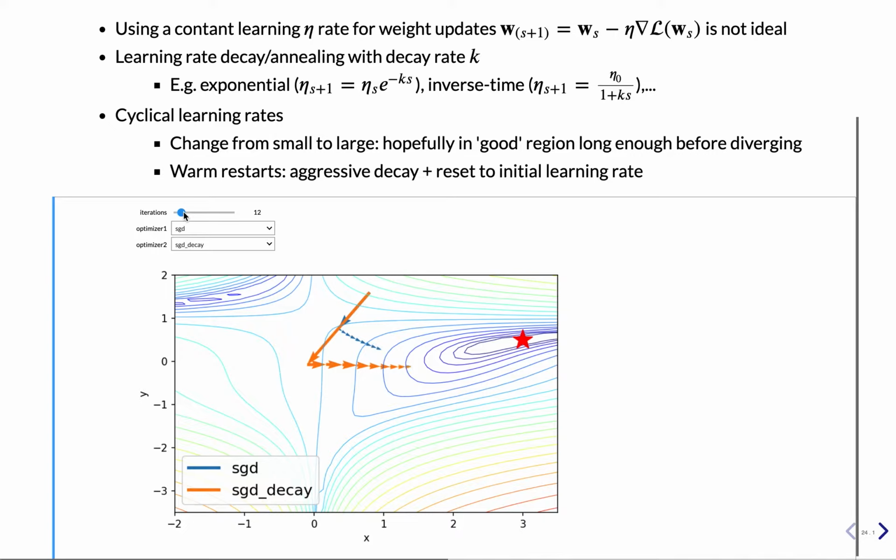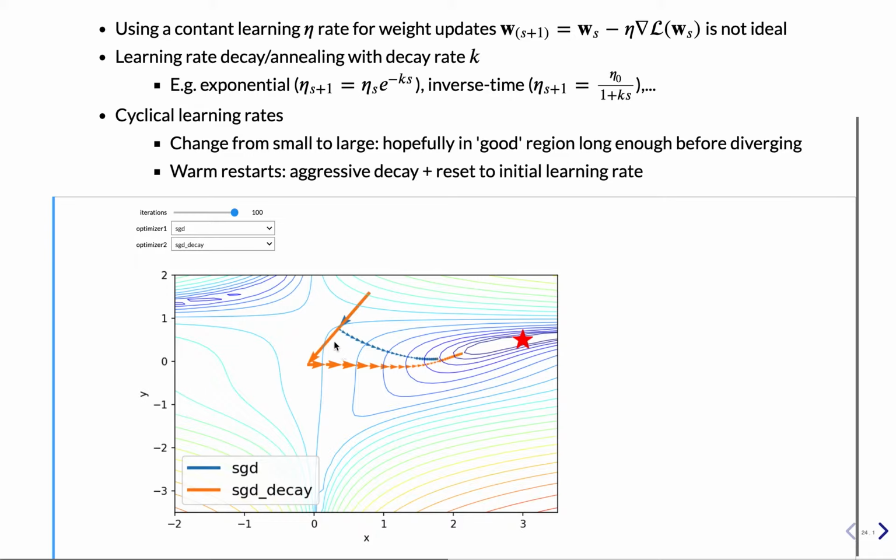And we see that both algorithms do work towards the optimum, but the decay one goes there a little bit faster than the other one. In fact, normal SGD starts really slowing down here, while with decay you get a little bit closer to the true optimum.